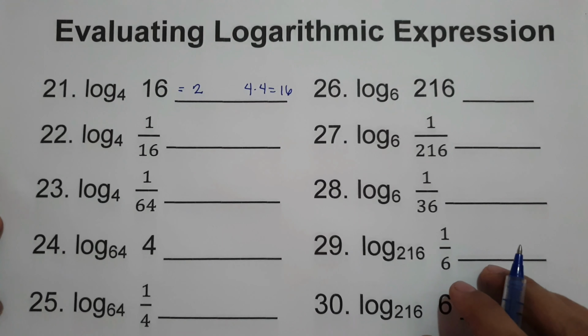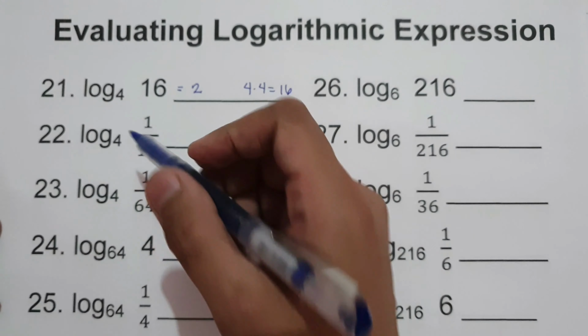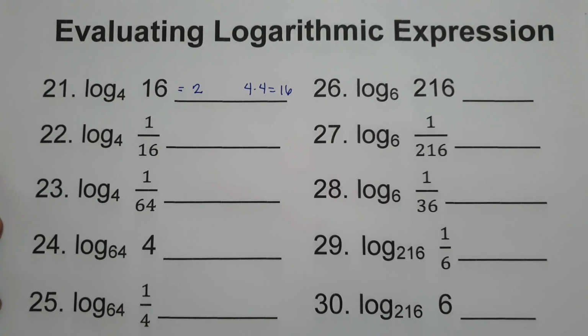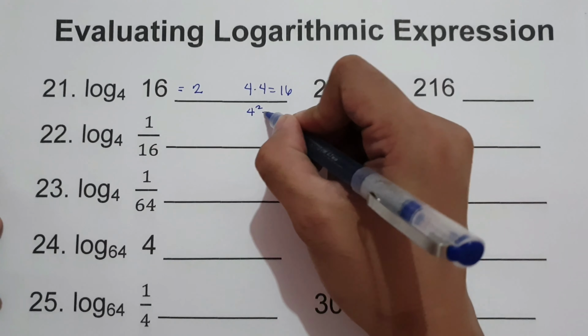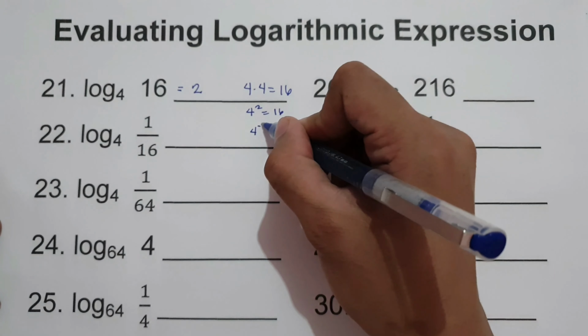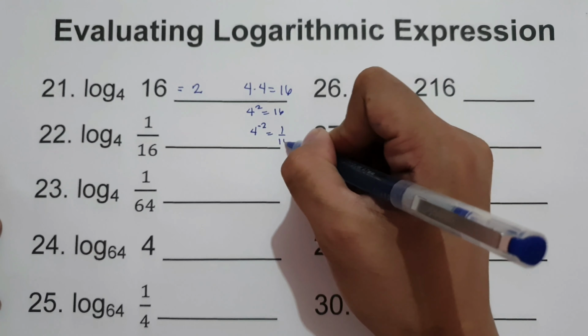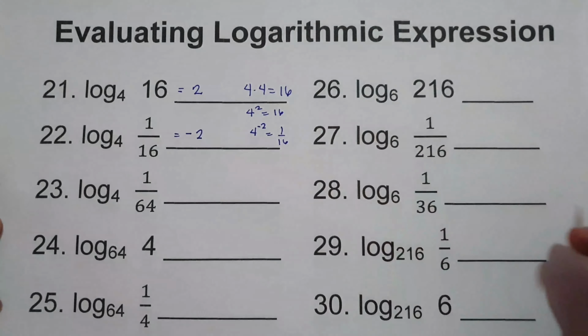What about number 22? Log 1 over 16 to the base 4. Whenever we have a fractional log, the result or the answer should be negative because 4 squared is 16, but 4 raised to negative 2 is 1 over 16. So therefore, the answer is negative 2.